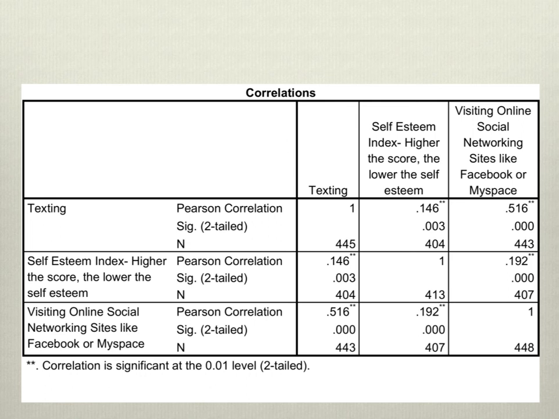As we can see, there is a statistically significant relationship between self-esteem and texting. P equals 0.003, and Pearson's R is 0.146. Weak, but worth noting. The more you text, the lower your self-esteem.